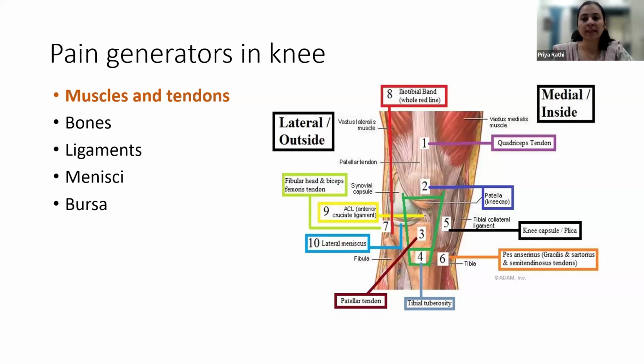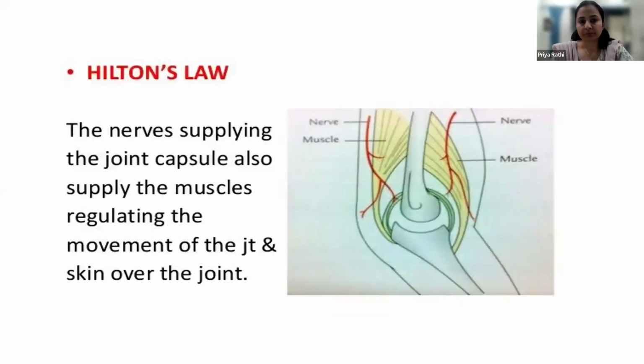Muscles are the final common expressors of pain in any joint or nerve related pathology. Why so? Because there is one law called Hilton's law in anatomy, which says that the nerve which supplies the joint capsule also supplies the muscles which regulate the movement of the joint and the skin over it. So whenever the joint is affected, your muscles are bound to get affected by the joint pathology.